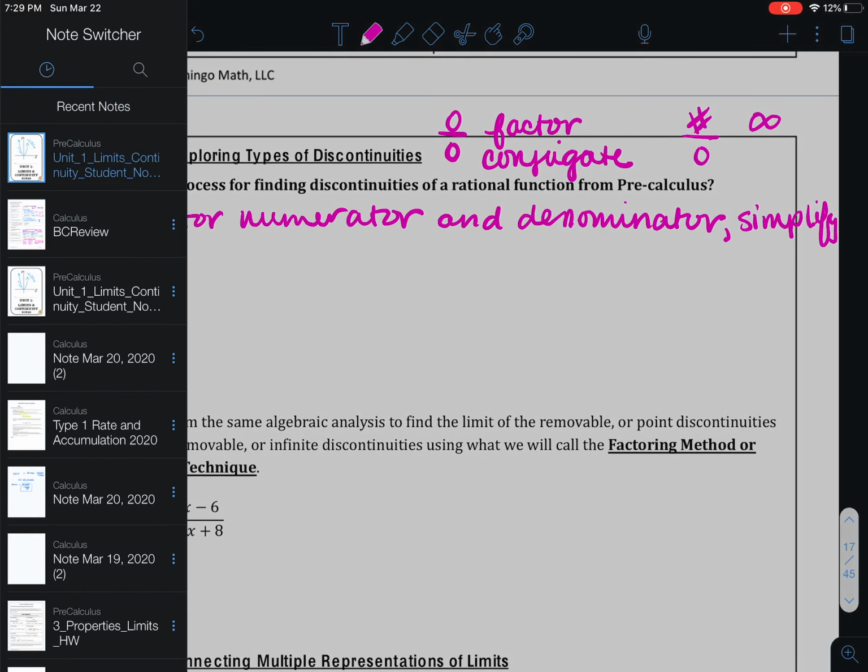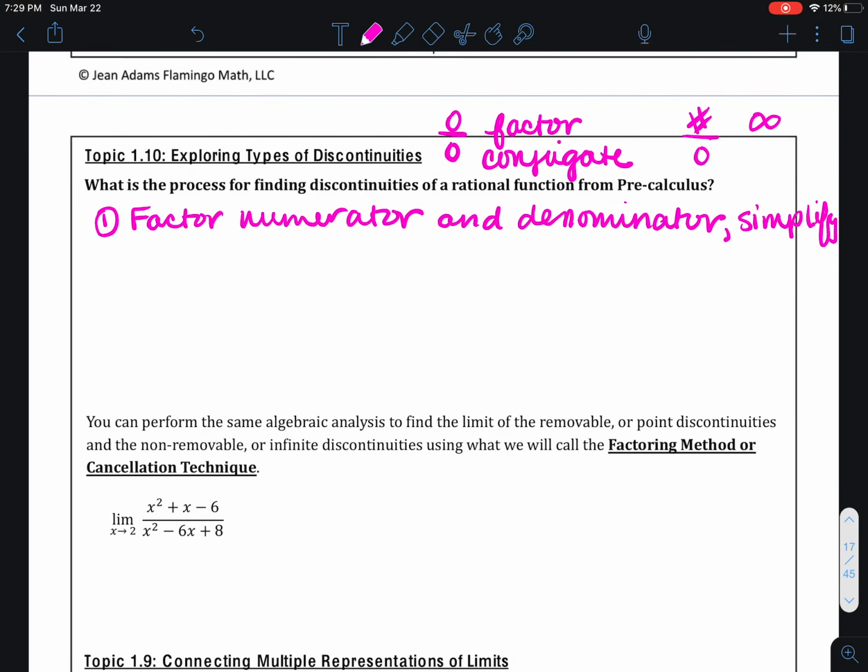There are two results from that. Once you factor, a point discontinuity, or a hole, comes from factors that are canceled.